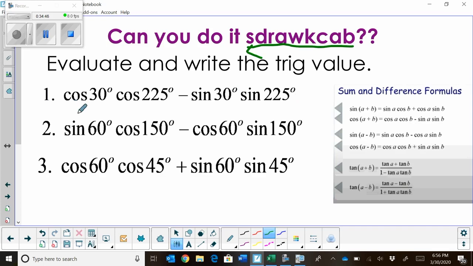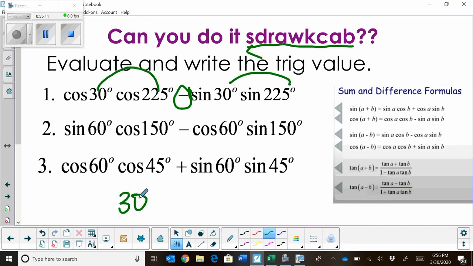Okay, so let's look at the first one. We have cosine 30, cosine 225 minus sine 30, sine 225. Well, is this the cosine or the sine formula? And I hope you're going, oh, cosine, cosine, sine, sine, that's the cosine. Yes, indeed, that is cosine. But when you expand it, it's always the opposite sign. So we're going to end up adding these two angles together.